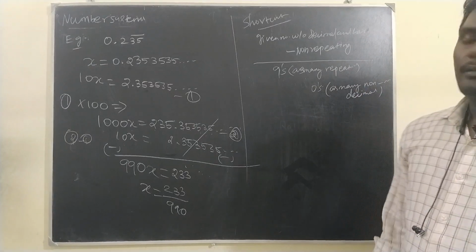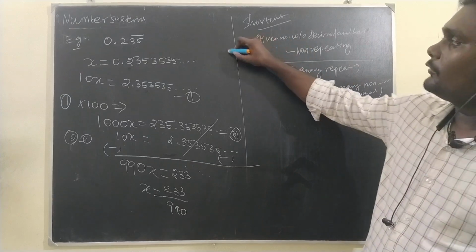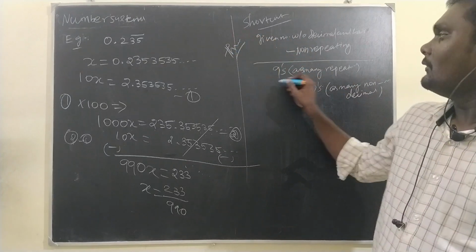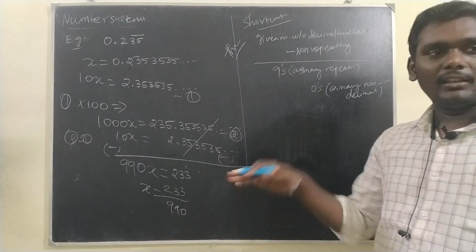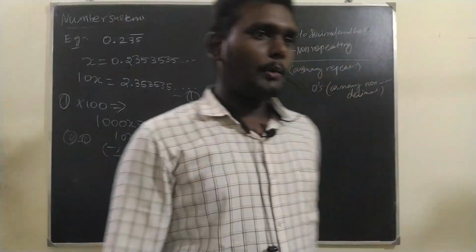So for the numerator, count the whole number; for the denominator, only count after the decimal point.